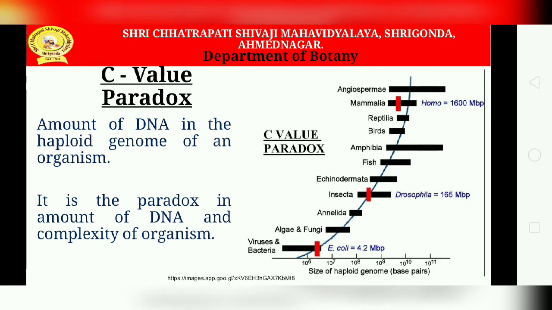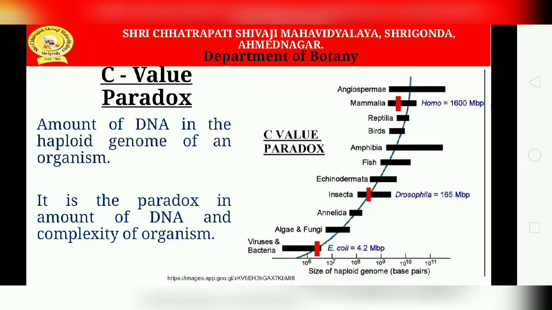Now next, the C value paradox. The C value is the amount of DNA in the haploid genome of an organism. It varies over a very wide range, with a general increase in the C value with the complexity of organisms from prokaryotes to invertebrates, vertebrates or plants.